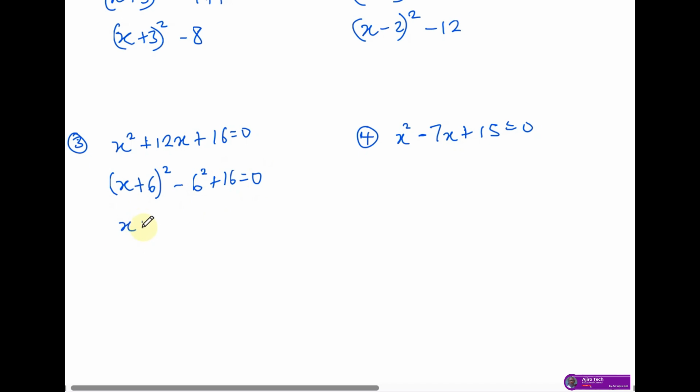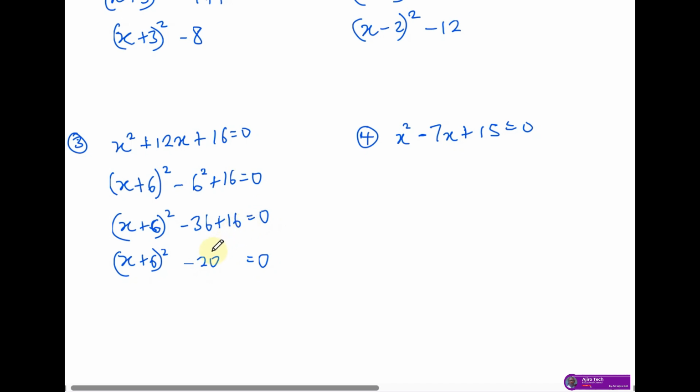So x plus 6 squared minus 36 plus 16 is 0. x plus 6 squared minus 36 plus 16 is minus 20, equal to 0.